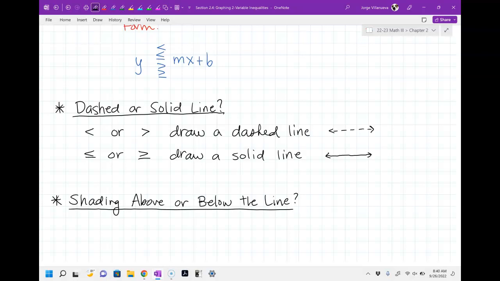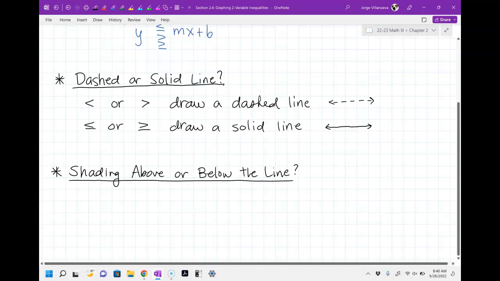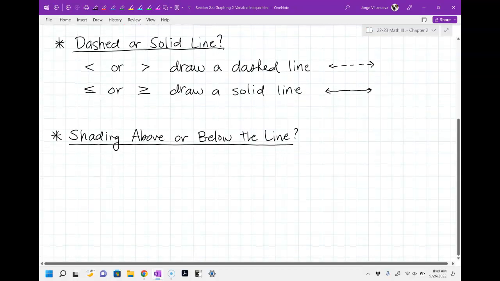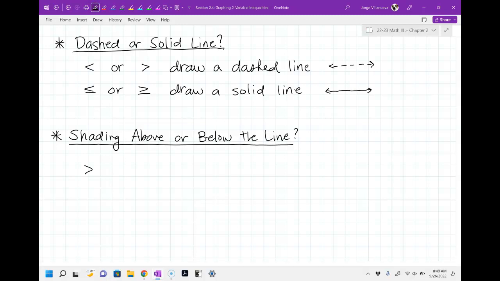The way you're going to figure that out is depending on, again, your symbols. If it says greater than or equal to, think about it, greater kind of makes you think up, right? Something's greater, so it's above. So if it's greater than or equal to, shade above the line.